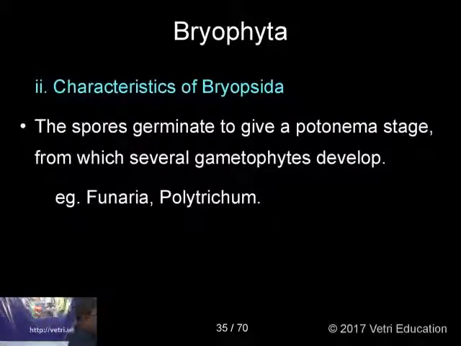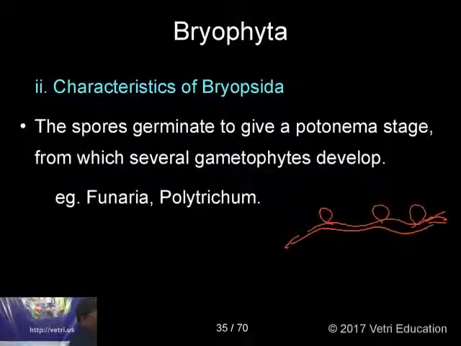Protonema is nothing but a filament-like structure, and sometimes some buds are present here, and each bud develops into a gametophyte. The first stage is the protonema stage, a branched filamentous form, and then it has buds. Each bud develops into that particular bryophyte. Examples are Funaria and Polytrichum plants.